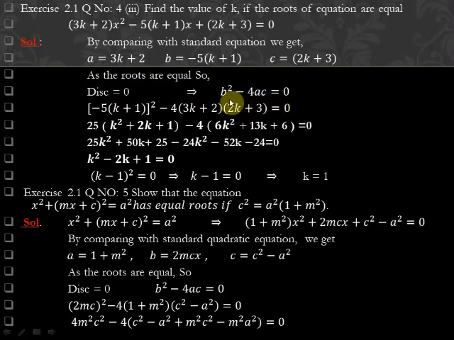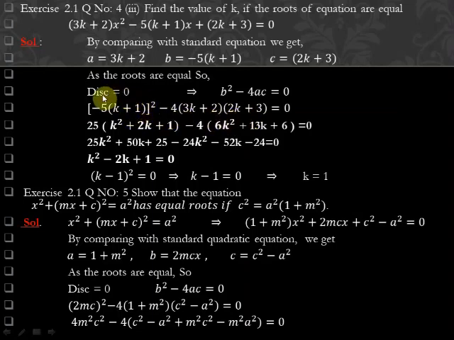Now substituting the values of a, b and c, we will get minus 5 into (k plus 1) whole square minus 4 into value of a, 3k plus 2, into value of c, 2k plus 3.